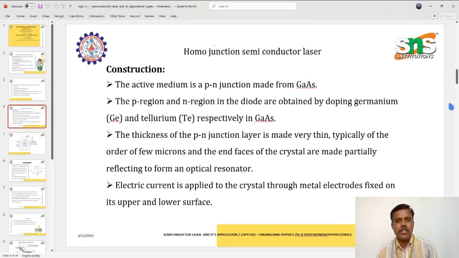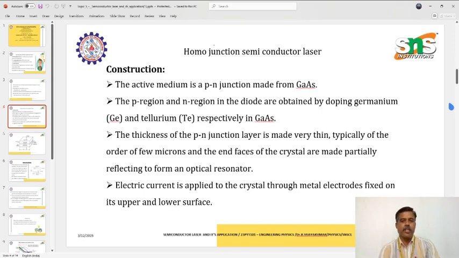In the homojunction semiconductor laser construction, the active medium is a PN junction made from gallium arsenide. The P region and N region in the diode are obtained by doping germanium and tellurium respectively in GaAs.